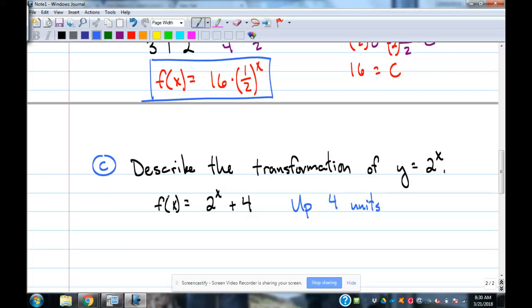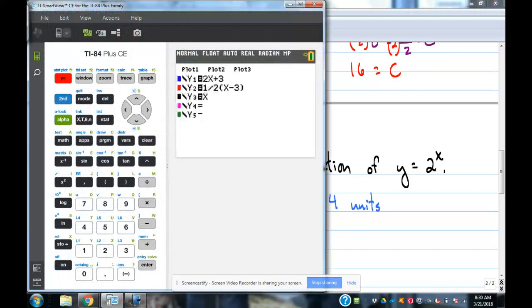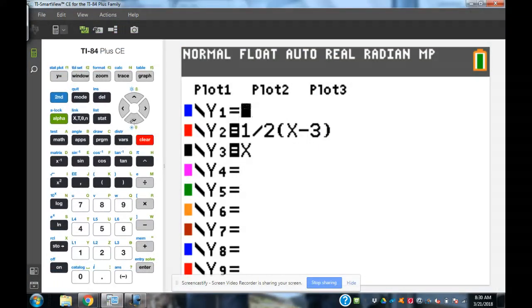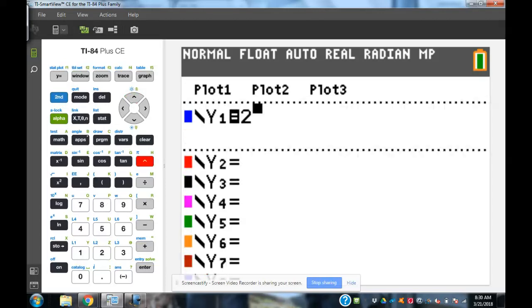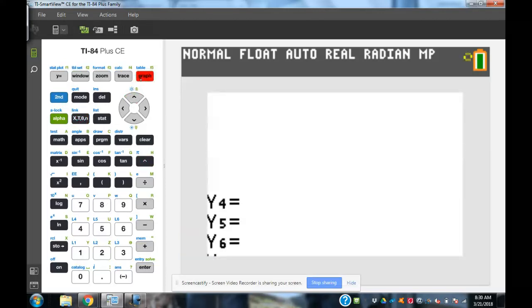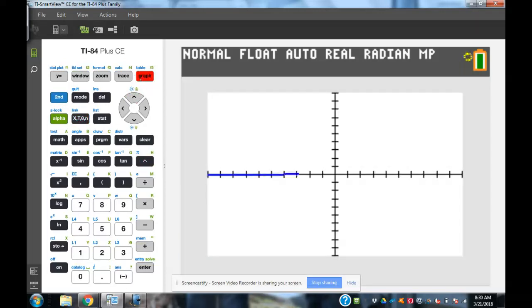Could you graph those with the graphing calculator and see that happening? Yeah. You go to your graphing calculator, clear out some junk that we were doing the other day. If you type 2, caret symbol, x, this is what the original looks like. Here, that's the growth curve.